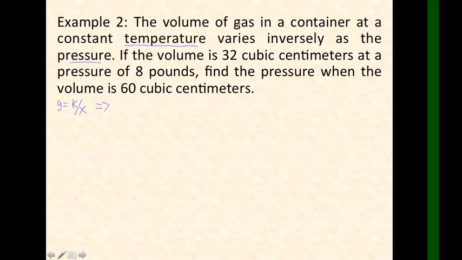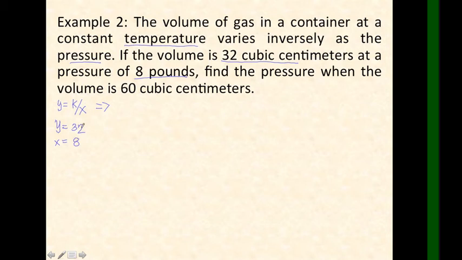Base dun sa volume of gas in a container at a constant temperature, we have the volume of gas which is 32 cubic centimeters at a pressure of 8 pounds. So therefore, we can say that y is equal to 32, the volume, and x is the pressure which is 8 pounds.